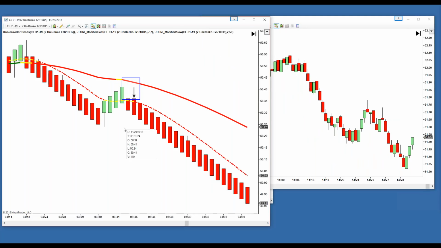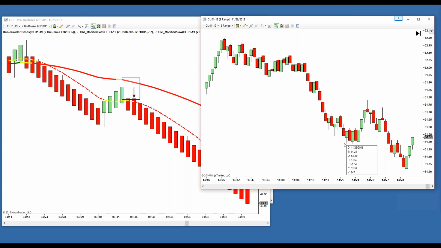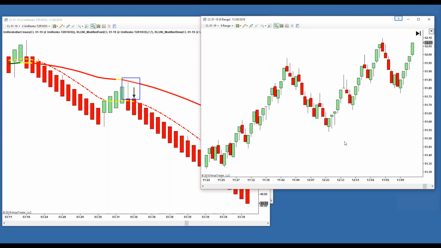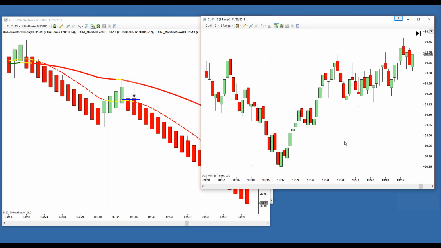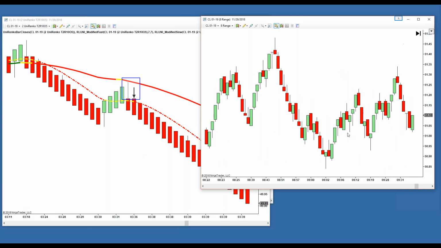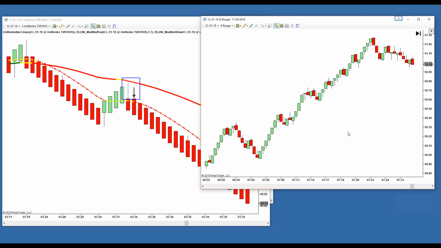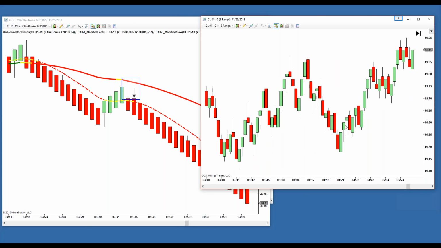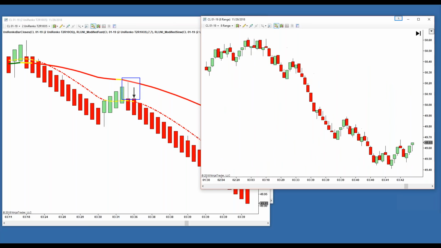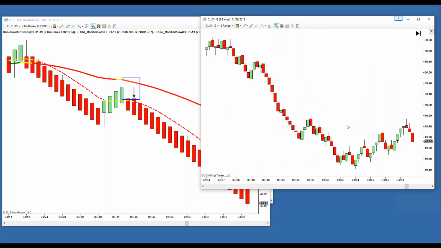Now this is 1029 at 336, right here. So here's the pattern on range.